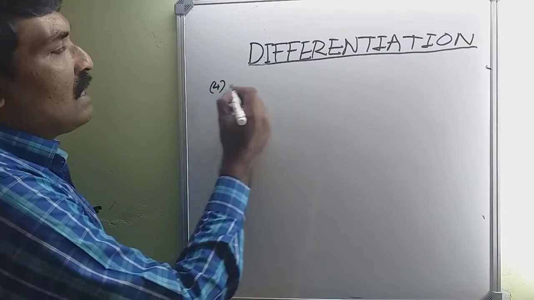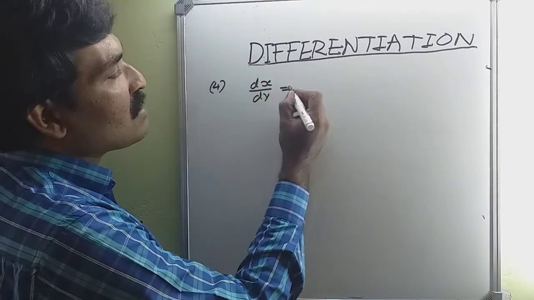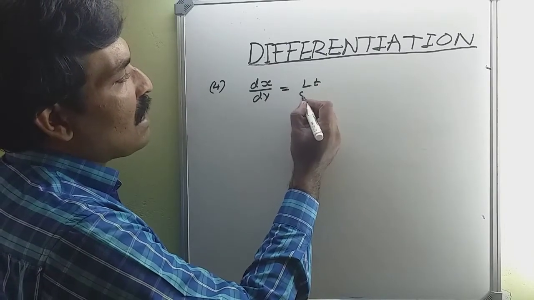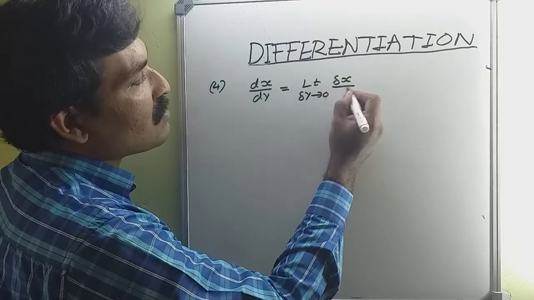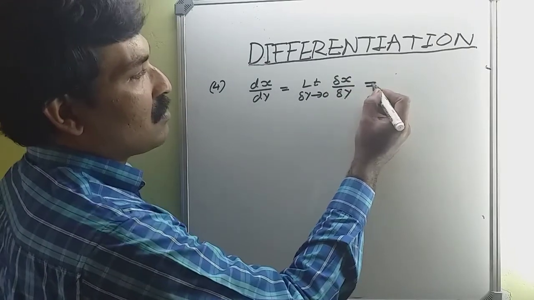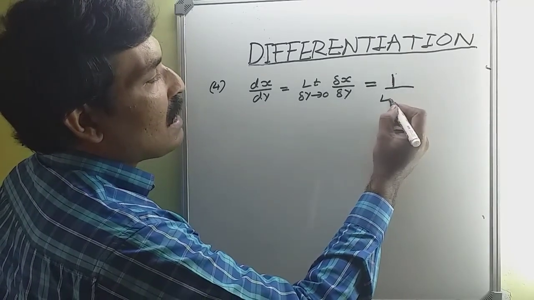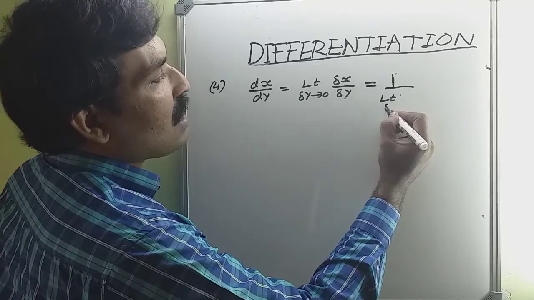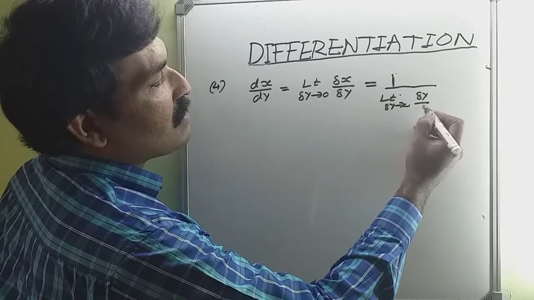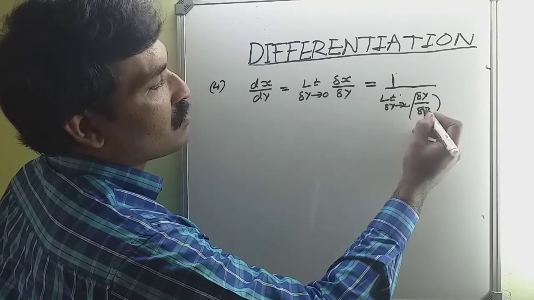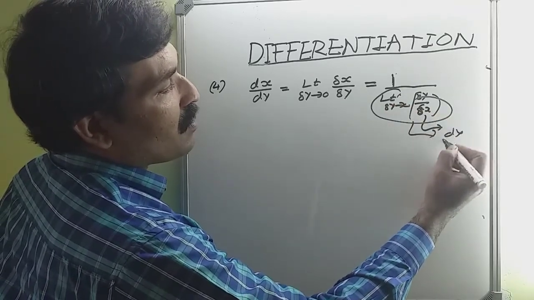The fourth point is dx by dy. That is equal to limit del y tends to 0 del x by del y, which is equal to 1 by limit del y tends to 0 del y by del x. This is our dy by dx.